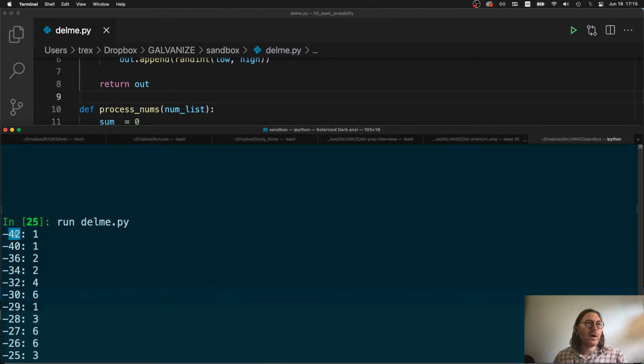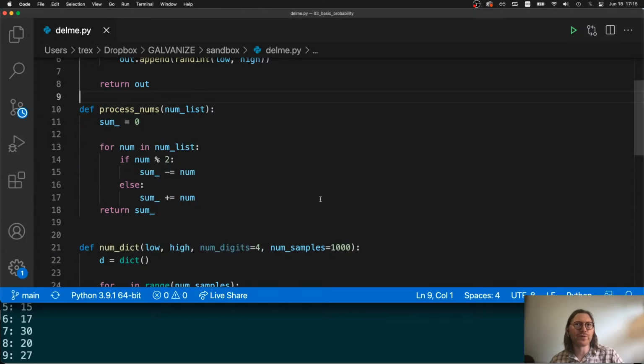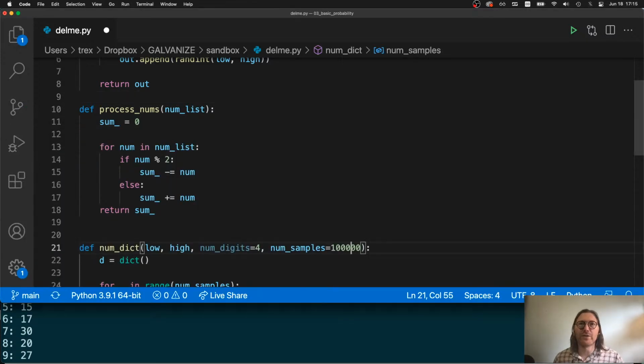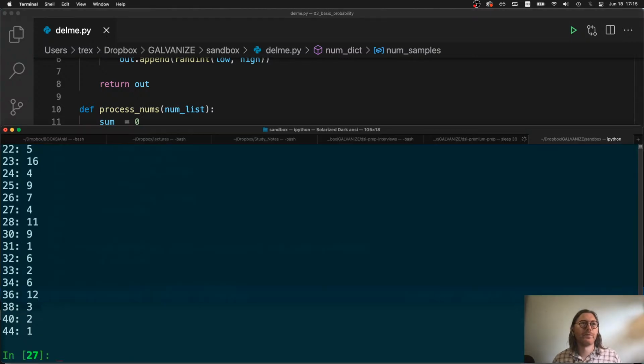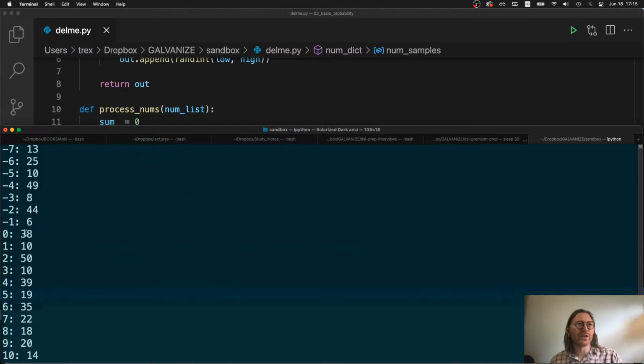My suspicion here is that we're not doing anywhere near enough samples to get a clear idea of the distribution. So maybe we need to do more samples. Let's do 100,000 instead. Something that stands out to me is that we have this sort of alternating frequency a little bit, and certain numbers that are a lot higher than other numbers, like 0 and -2, -4 and 2.